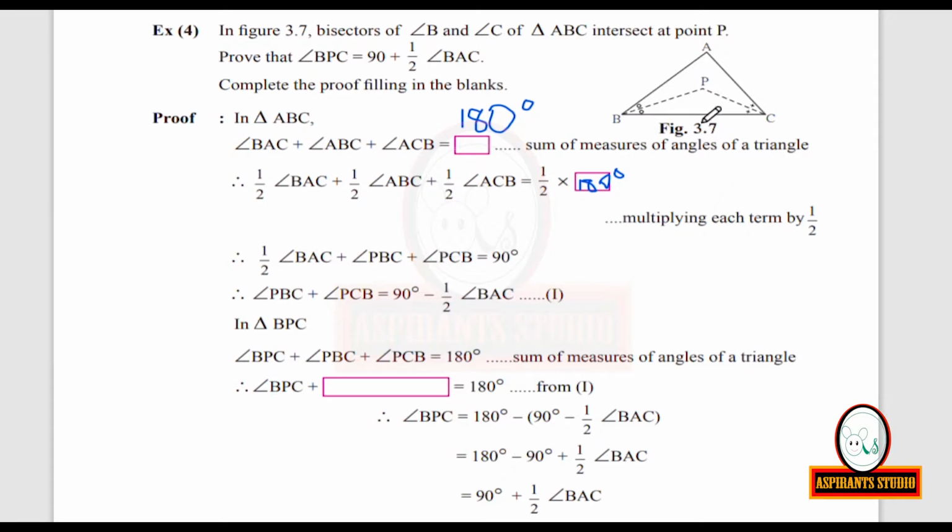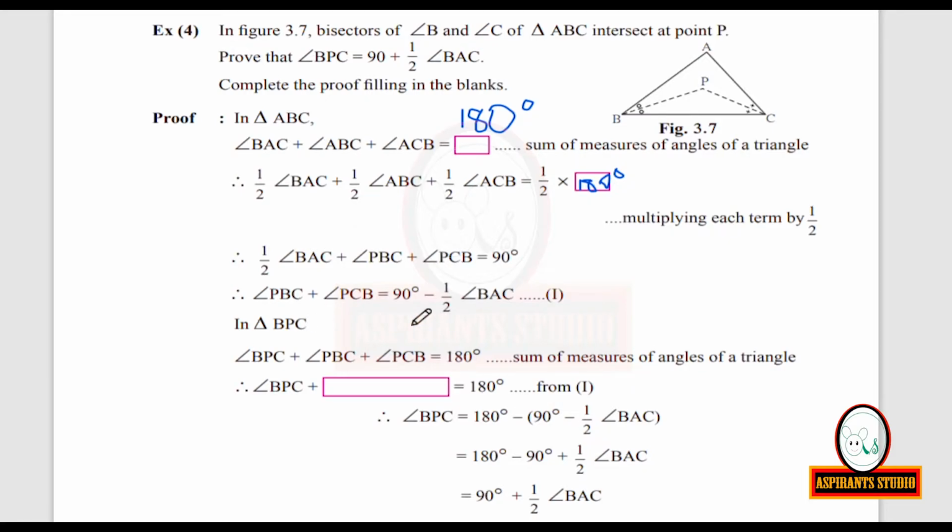Now consider this triangle BPC. In triangle BPC, sum of the measures of angles in a triangle is 180 degrees. Therefore, measure of angle BPC plus measure of angle PBC plus measure of angle PCB is equal to 180 degrees. Now, look at equation 1. What is measure of angle PBC plus measure of angle PCB?